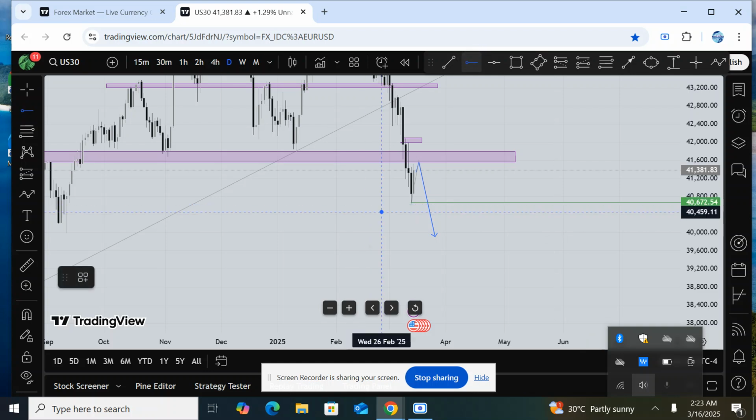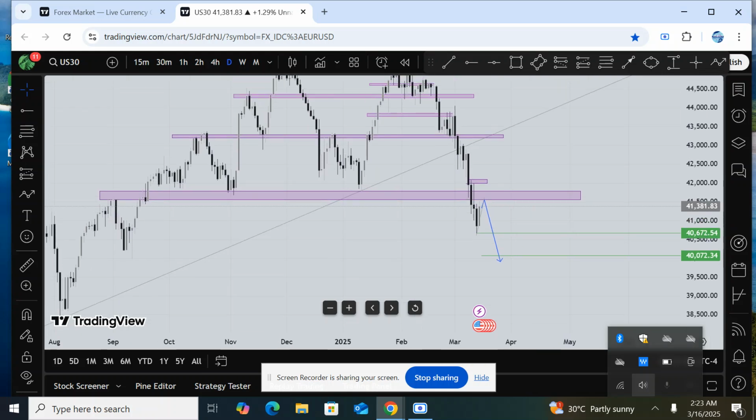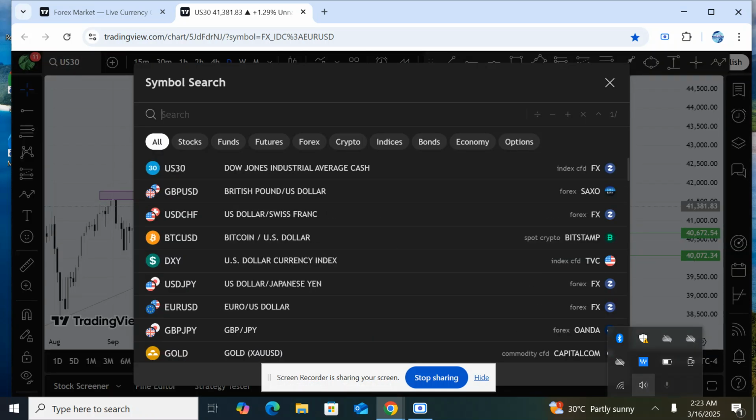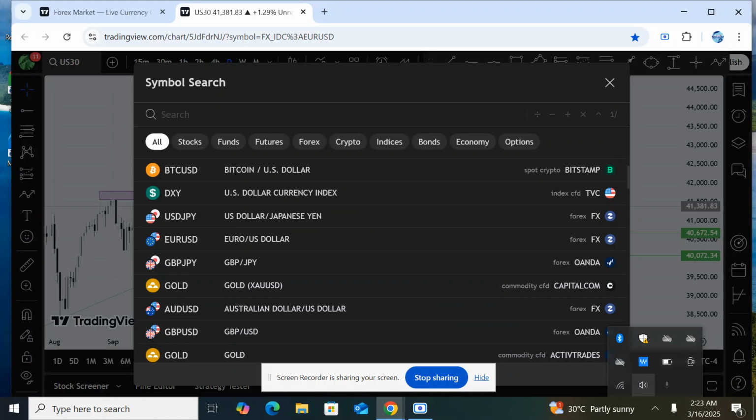I might just put another line here. This is going to be for our second level target. So that is for US 30. Guys, let me just go over to gold.